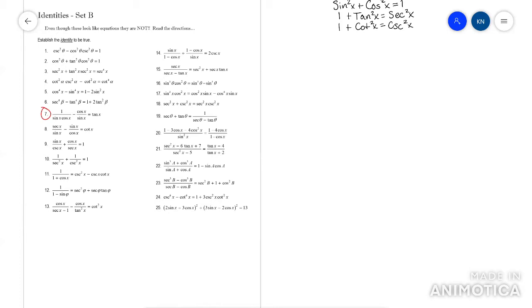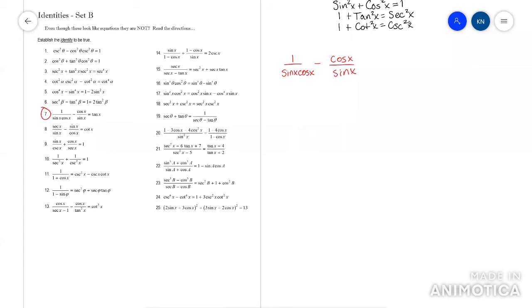All right, we got 1 over sine cosine minus cosine over sine. All right, so if I was approaching this one, the first thing that I would probably try to do is get common denominators.